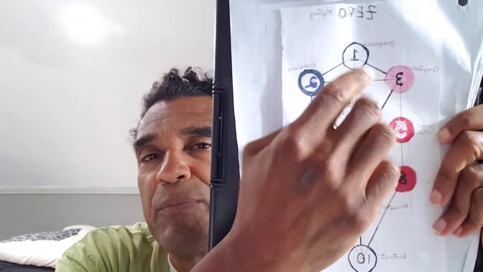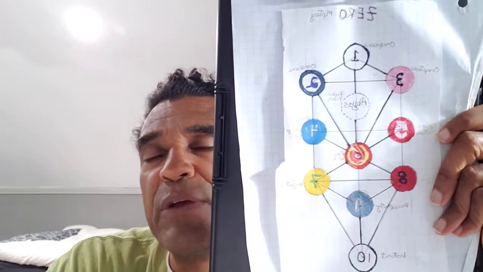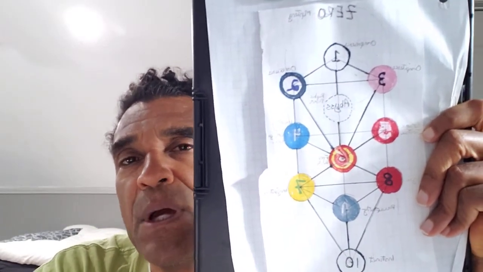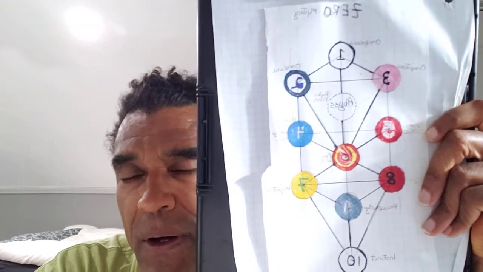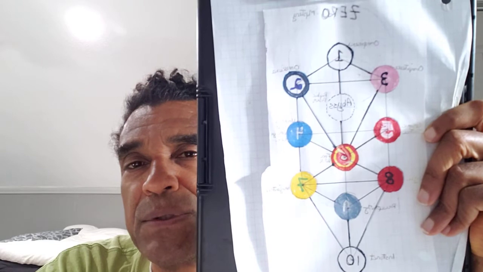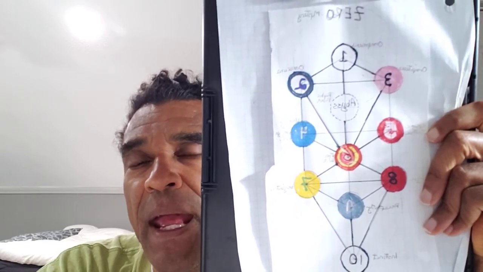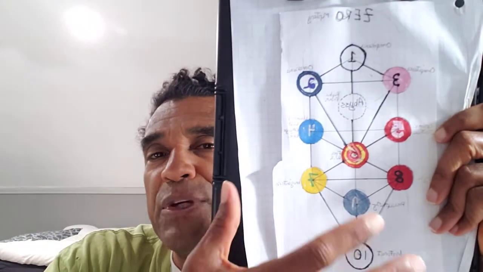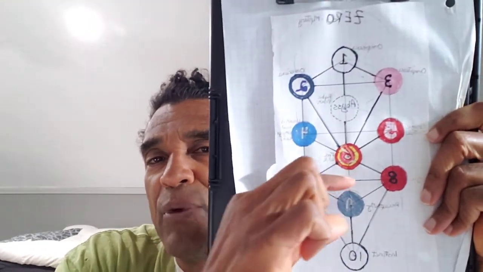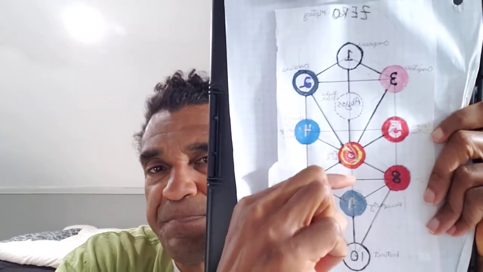Now, to get from 12 faculties to 144 fractal faculties, what we're really doing is we're taking the tree of life to the second power. We're so-called squaring the tree of life. And the way we do that is we take the whole tree, we shrink it down, and we apply it to each of the 12 spheres.